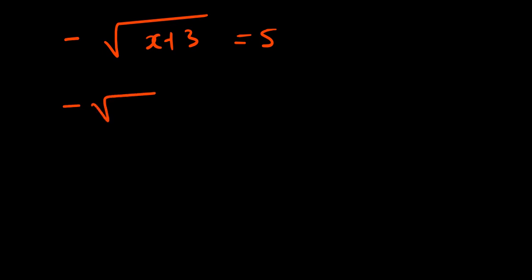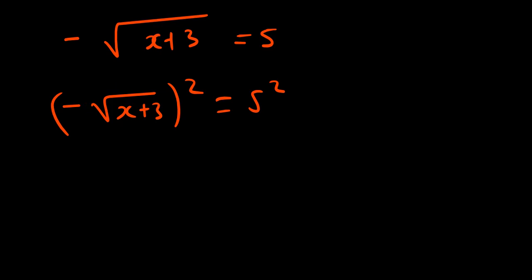Let's solve another one. What if you are given negative the square root of x plus 3 equals 5? What are you going to do? You are going to square both sides, the square root of x plus 3 and 5 squared. The negative here is just the same as negative 1, right?